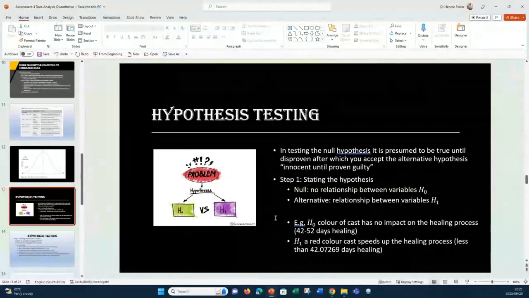Right, and then hypothesis testing. Null hypothesis. We said there's no relationship. Alternative hypothesis, there is a relationship.